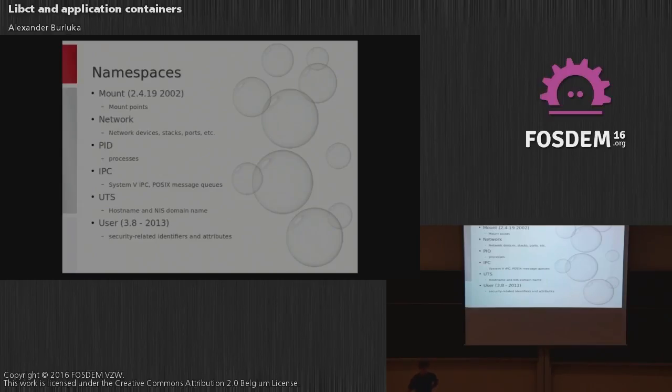UTS namespaces cover the host name and domain name. And one of the latest and most important is the user namespace. It's very important for application containers.